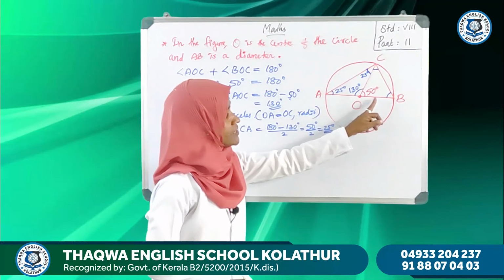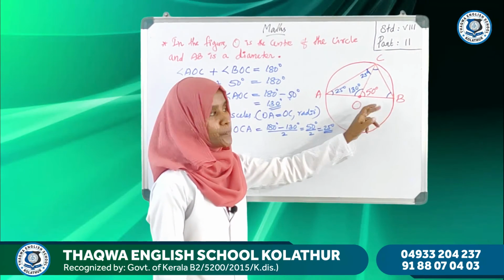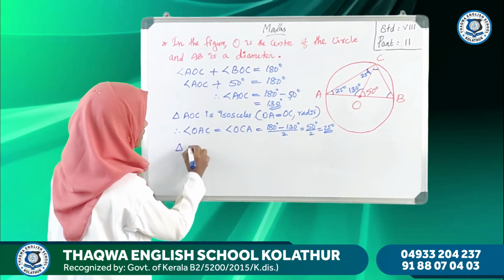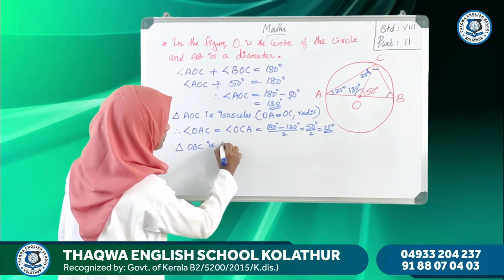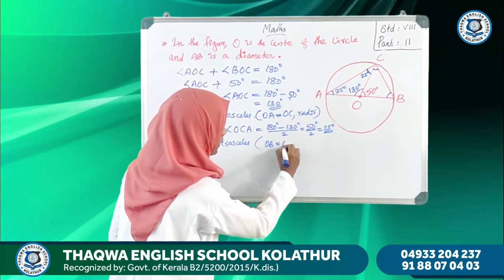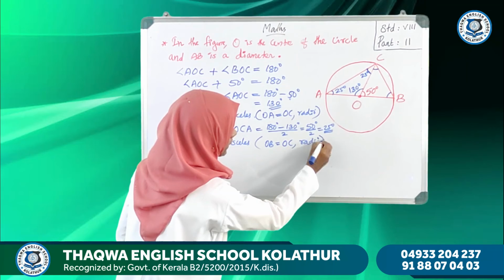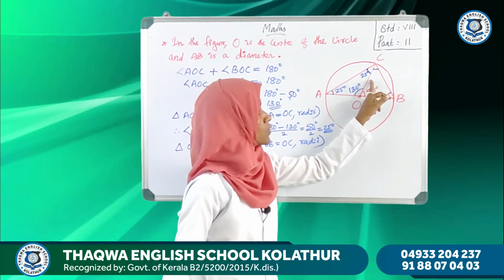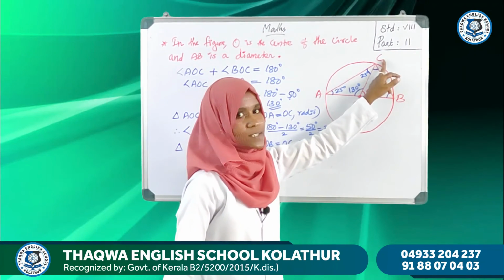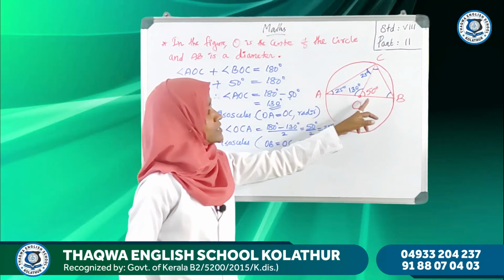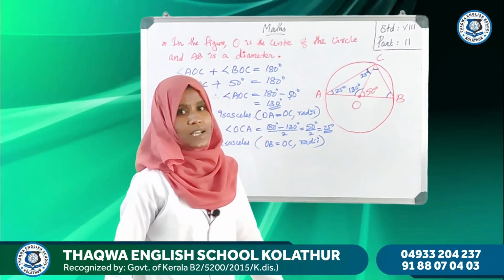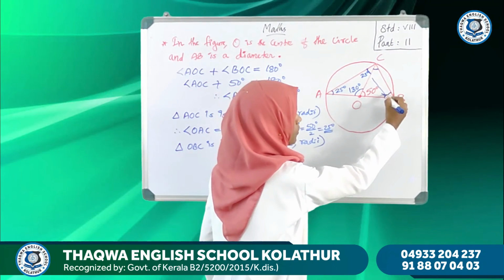Then next you consider this triangle OBC. This is also an isosceles triangle. What is the reason? OB equals OC, that is, they are the radii of the circle. So triangle OBC is isosceles. If two sides of a triangle are equal, then the angles opposite to the equal sides are also equal.